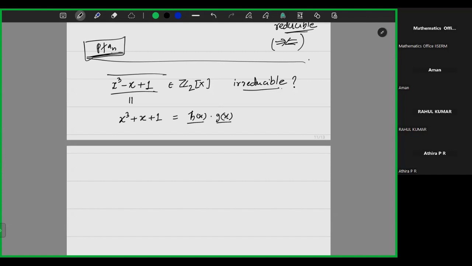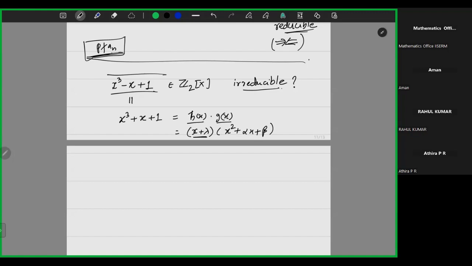So if it has a degree 1 irreducible factor, that degree 1 irreducible factor should look like x plus lambda, and the quadratic one should look like x square plus some linear polynomial, maybe alpha x plus beta, where alpha and beta can be 0 or 1 inside Z2.